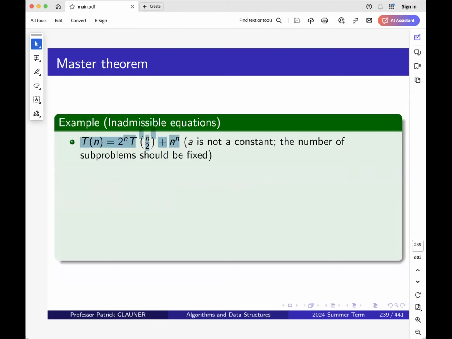For example, this one here. Let's start with this part. T of n half is okay, because b is 2, but the a is not a constant. a actually depends on n, so it's not a constant. So the number of subproblems is not fixed, and that's why this one doesn't work.